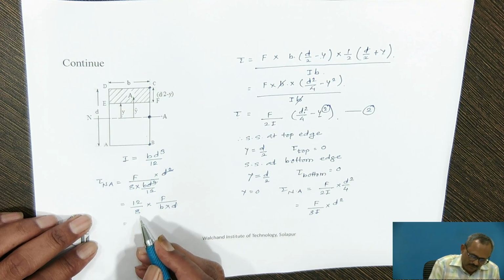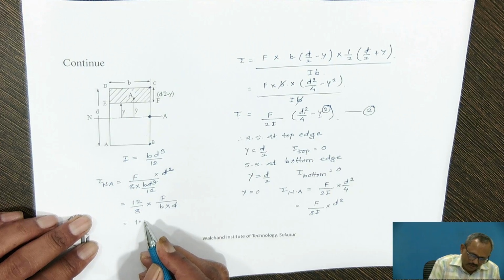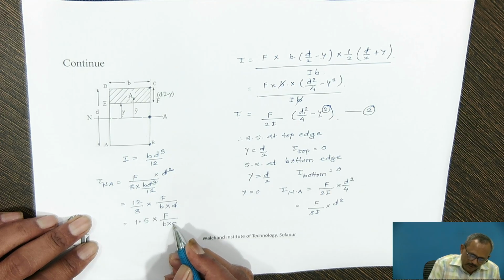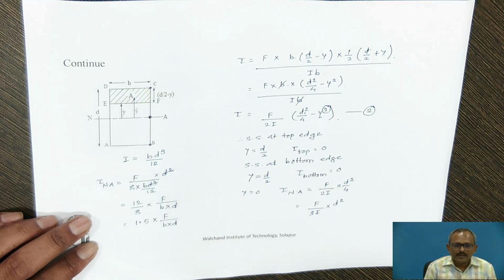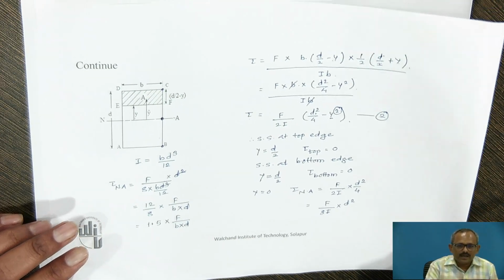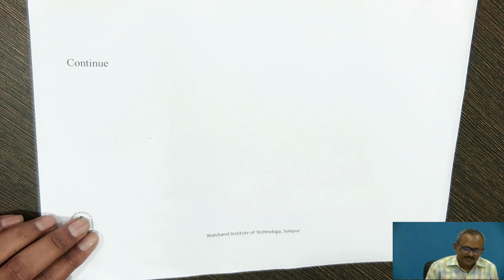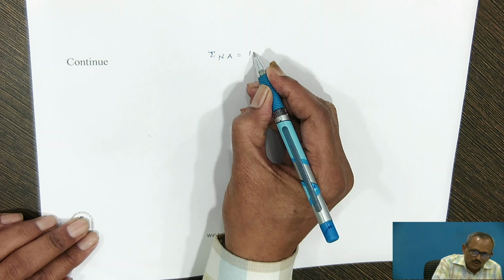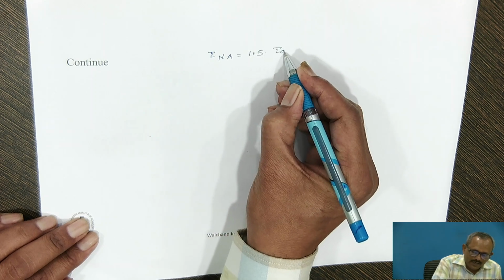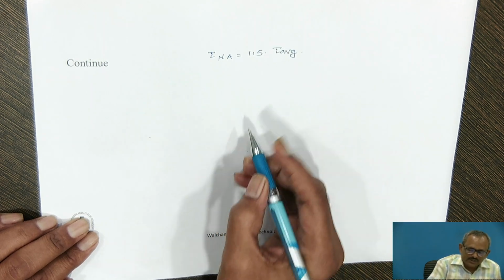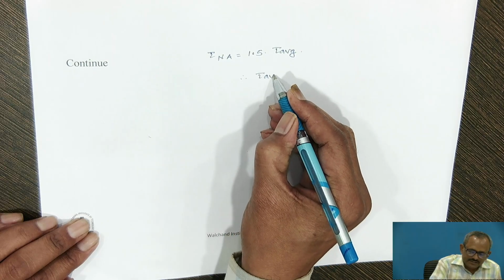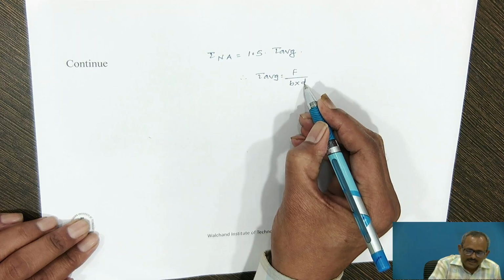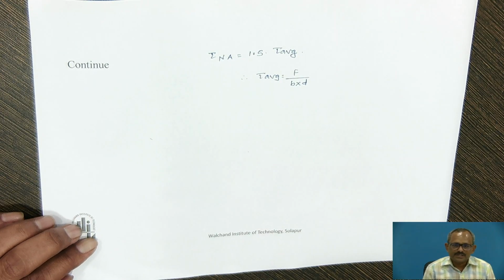By solving this equation, I will get 1.5 into F upon b into d. F upon b into d is nothing but the average shear stress, and hence shear stress at the neutral axis is 1.5 times the average shear stress, whereas average shear stress is the shear force acting on the section divided by the area of that particular section.